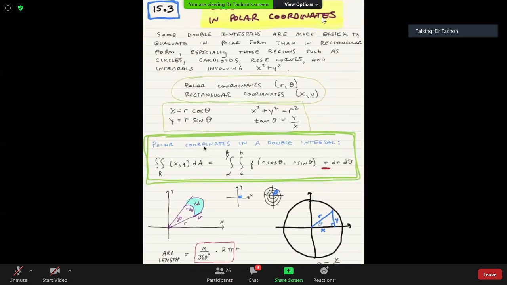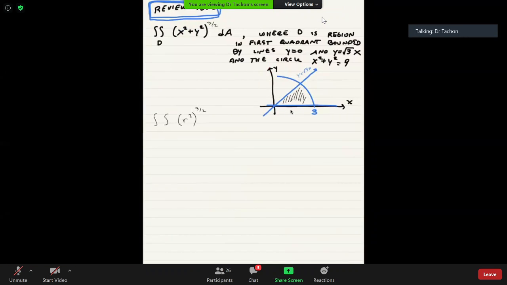These are the conversions you have, okay? If you happen to have an x squared plus a y squared here, save a lot of time and just put r squared in. So what do I do at dA? dA is r dr d theta.